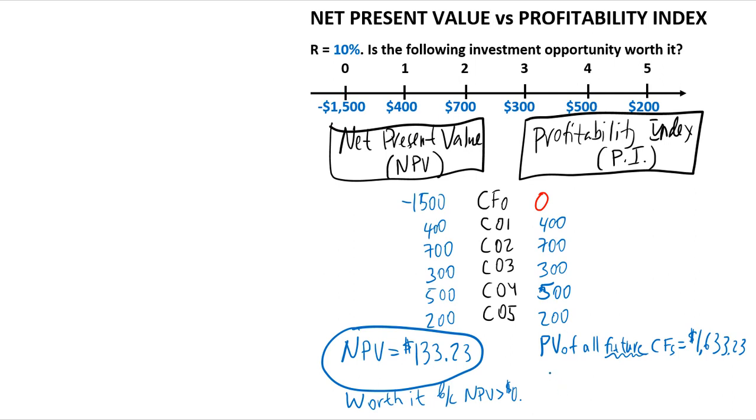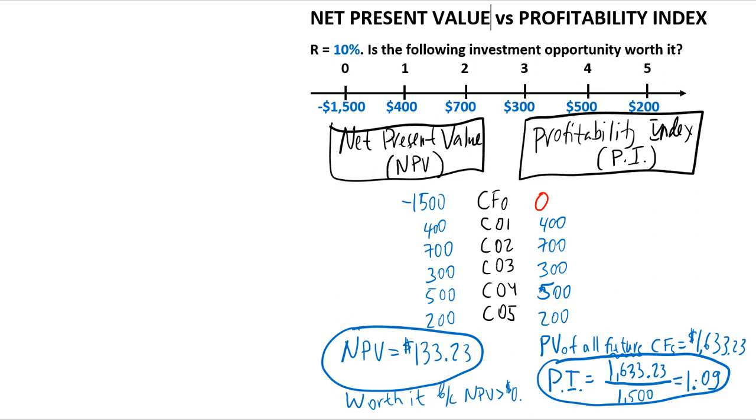And so what we do next, the way we calculate the profitability index is we take $1,633.23, the present value of all future cash flows, and divide it by the initial investment, $1,500. And when we do that, we get 1.09. This is how we find the profitability index.